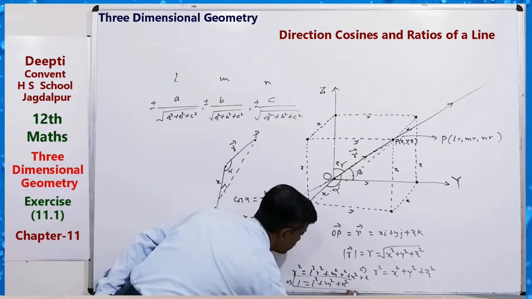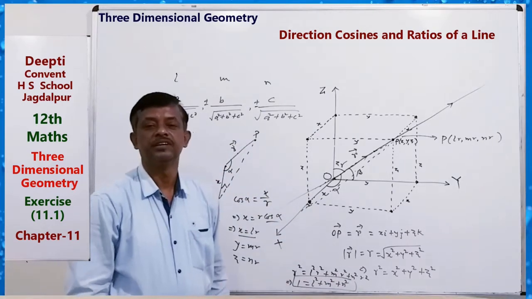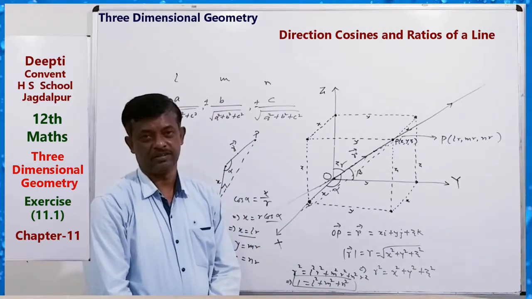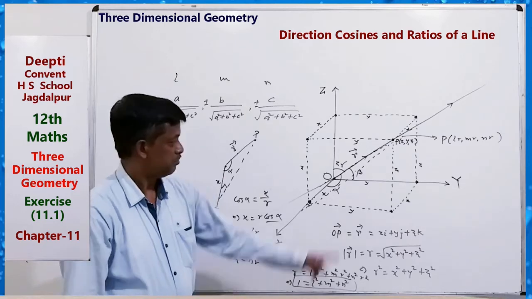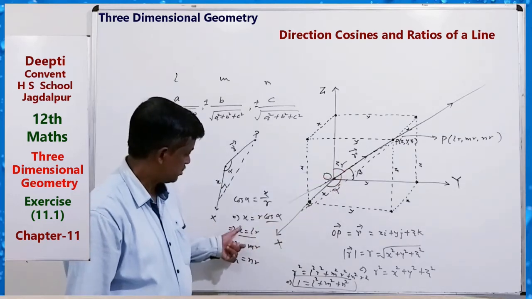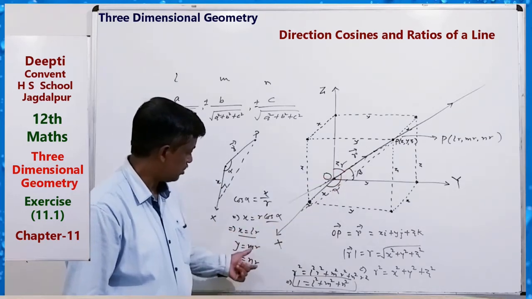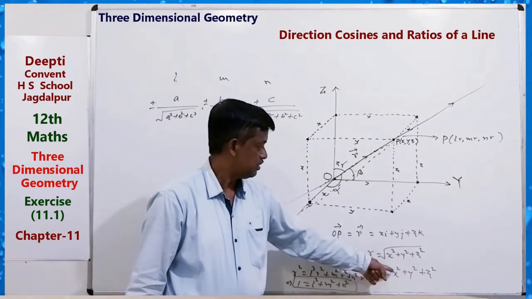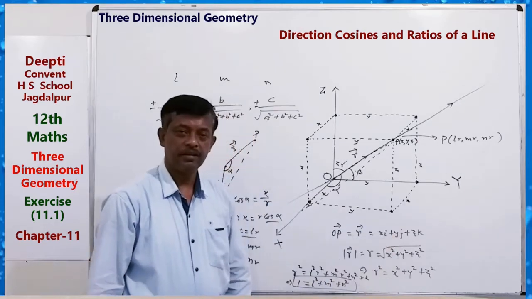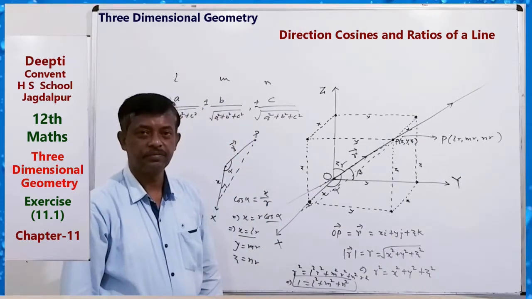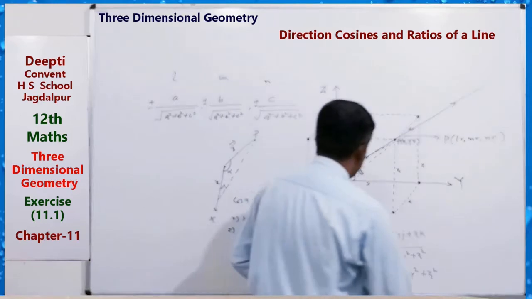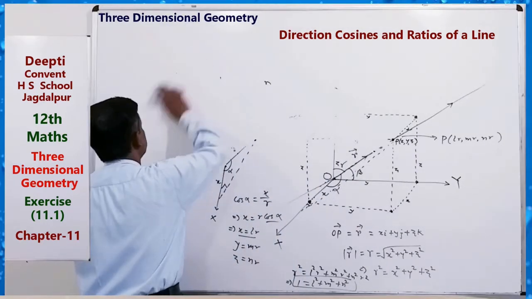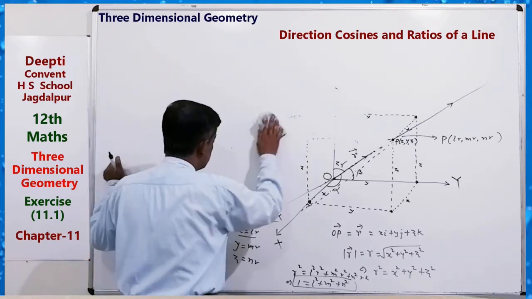So this is our relation: the sum of the squares of the direction cosines is equal to 1. We can also prove it diagrammatically. x equals LR, y equals MR, z equals NR, and this is used here. So remember it.